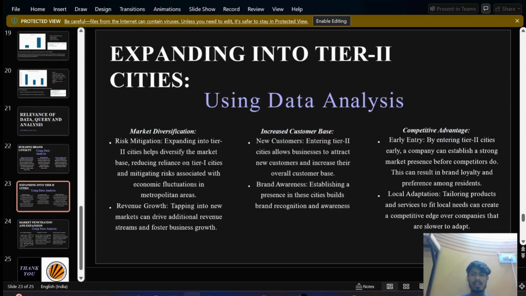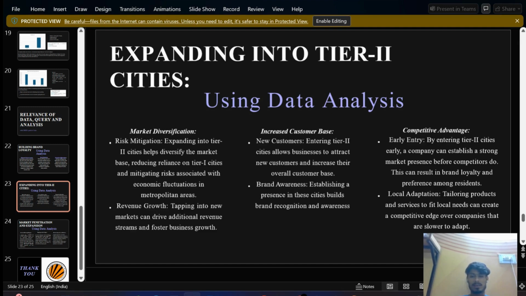The second one is expanding into tier 2 cities using data analysis. First is market diversification, second is increased customer base, and third is competitive advantage. Market diversification: we can see that in Hyderabad there are more users as compared to Patna, so Red has to focus more on Hyderabad as compared to Patna.